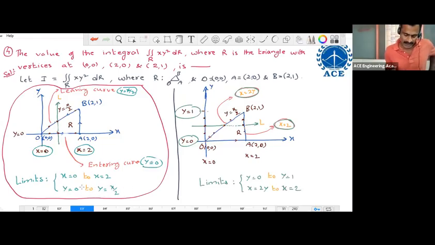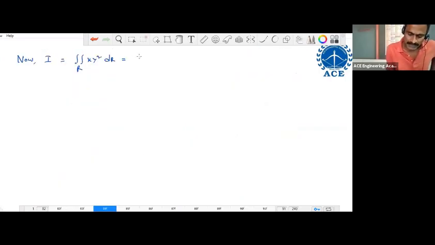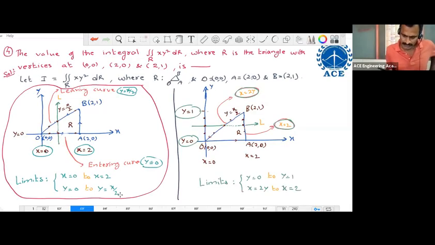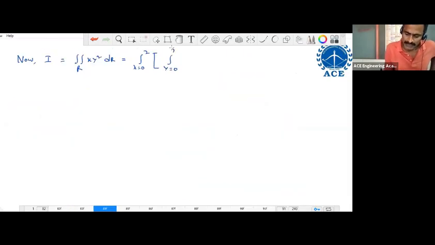So we start with the variable y and then stop with x. x equals 0 to 2, inside the integral y equal to 0 to x by 2, x y square dy then dx.